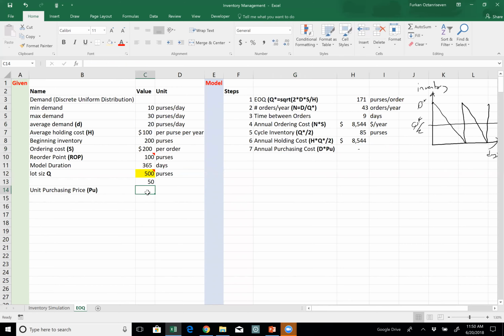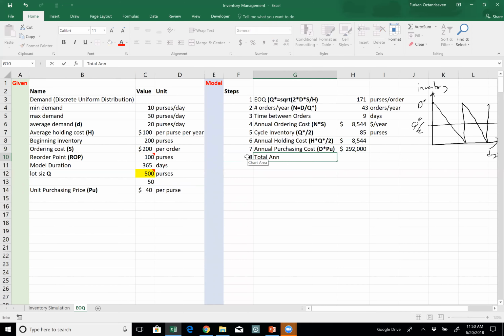So unit purchasing price, PU, is $40 in this problem, okay? $40 per purse. All right, so my annual purchasing cost is then $292,000.